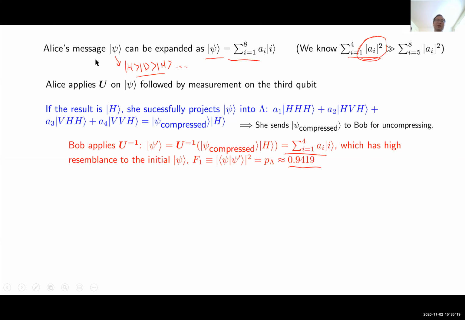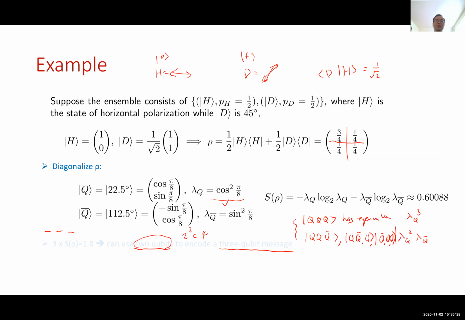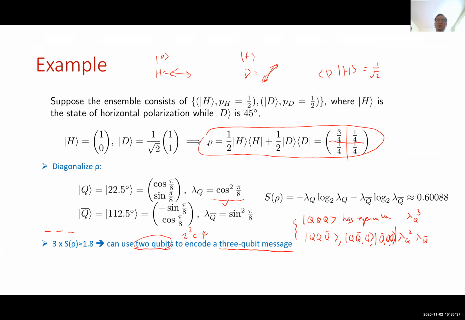If the entangled state that Alice is emitting on average satisfies this, so if the reduced density matrix, by tracing over the other, satisfies this, then the compression will still hold. So you cannot send arbitrary entangled state, but the reduced density matrix needs to obey the ensemble, the rho. That's the requirement.